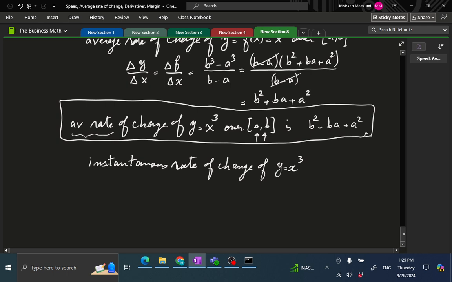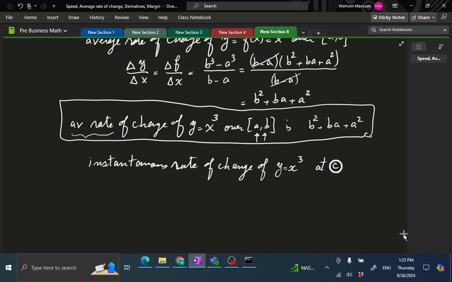Then instead of saying over an interval, we are interested in some particular moment. It's like the policeman: at the moment I put my laser gun, what happens at that point. So A and B, both of them are two numbers extremely close to C. A tad bit to the left, a tad bit to the right, but C is stuck somewhere in between those two.